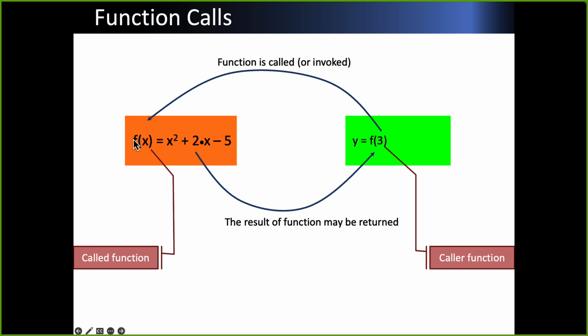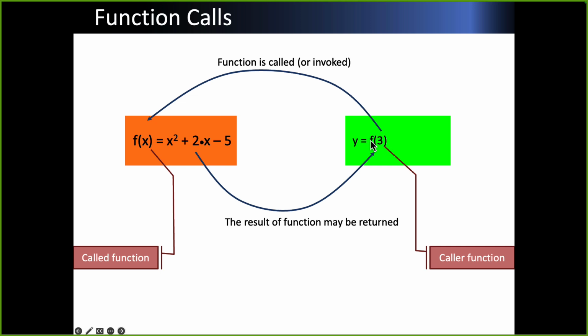This function signature receives x, and in the body of that function definition, there is a computation, x times x plus 2 times x minus 5, and whatever the computation result, if it is returned, that is returned. So this is when this function is evaluated and the returned value is received.